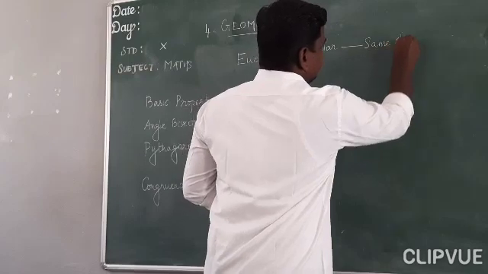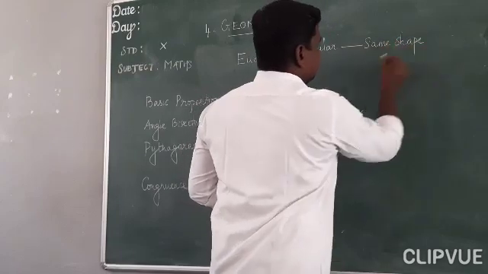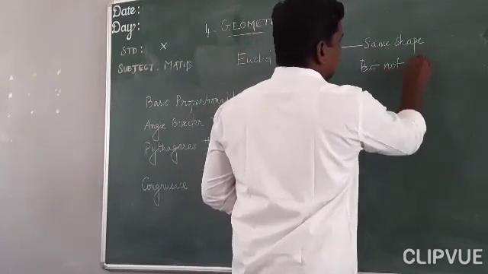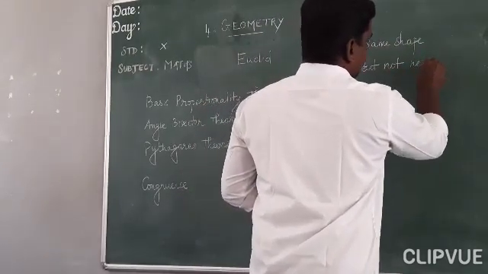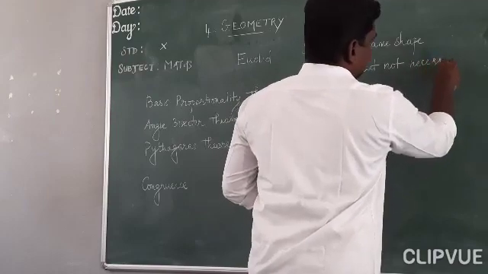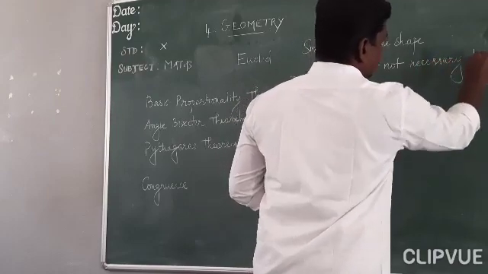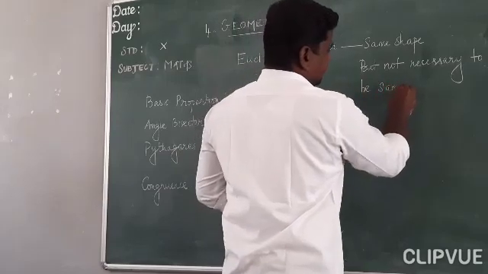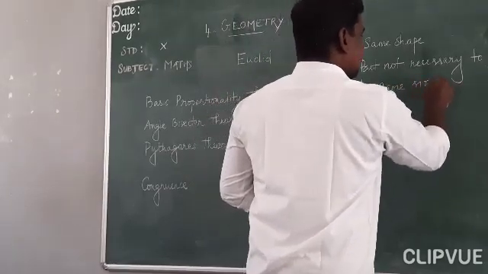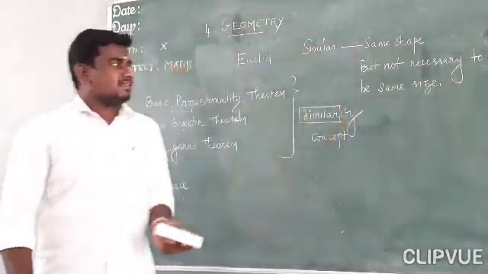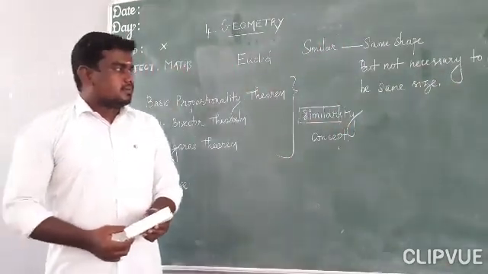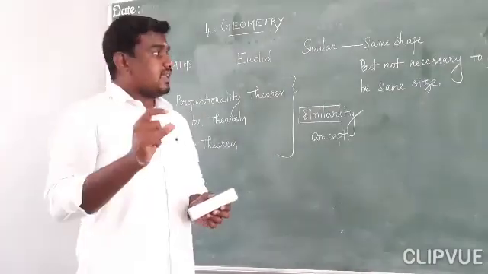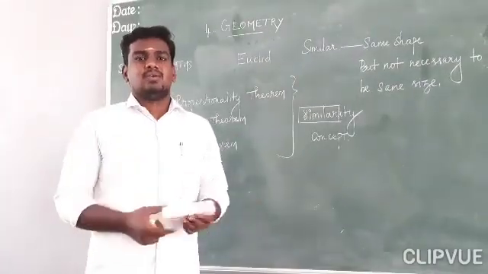So similar means same shape but not necessarily the same size. You can take examples like leaves on a tree. They are the same shape but not necessarily the same size.